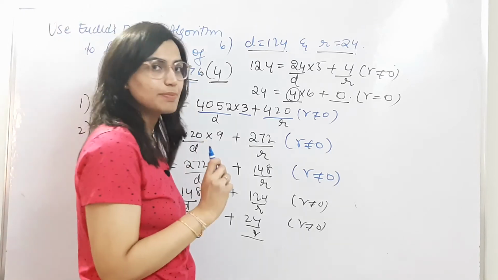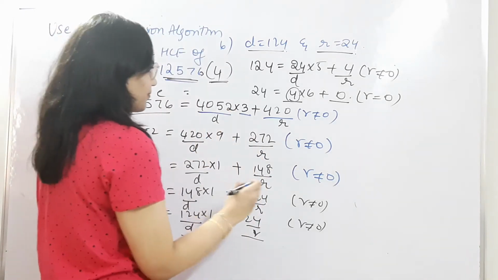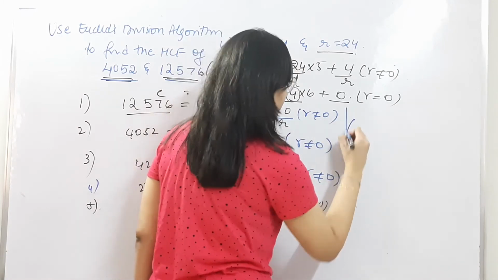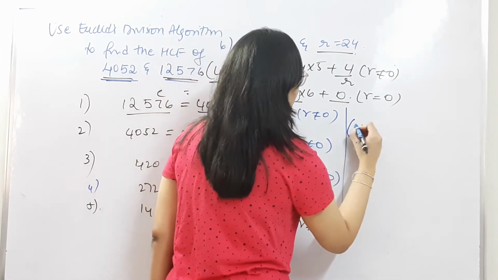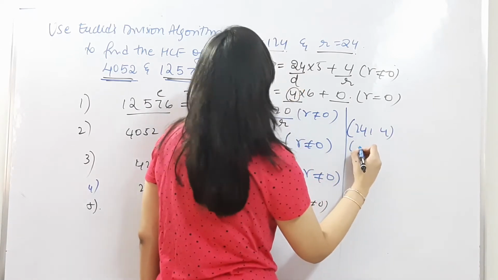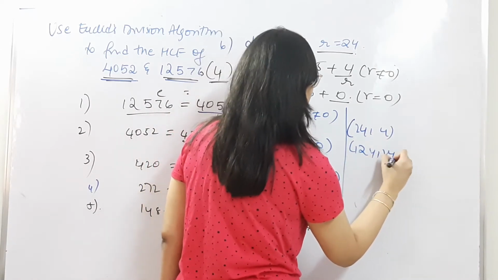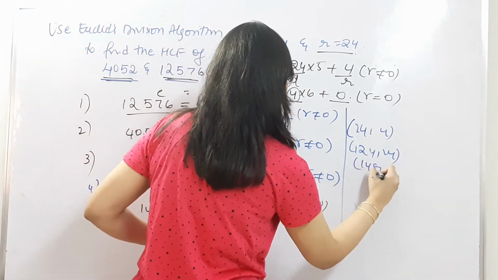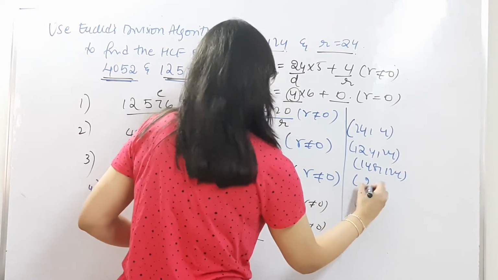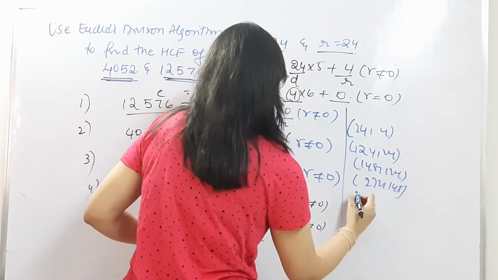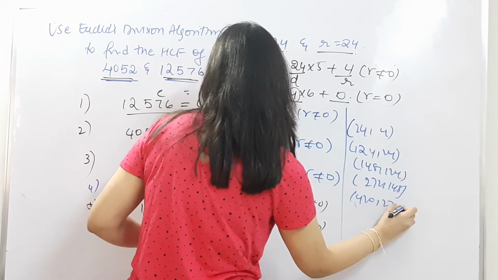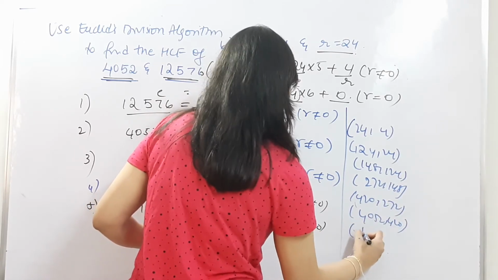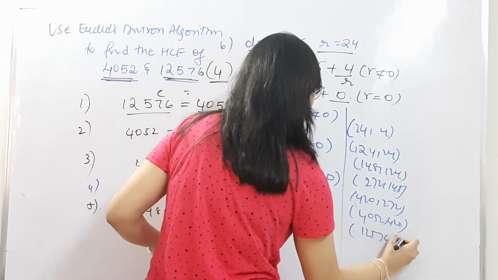And there is an interesting observation here. If you see, let's take from the last step. 24 comma 4, and what else we have, 124 comma 24. I'm taking the combinations of dividends and divisors here: 148 comma 124, and then 272 comma 148, 420 comma 272, 4052 comma 420, 12576 comma 4052.